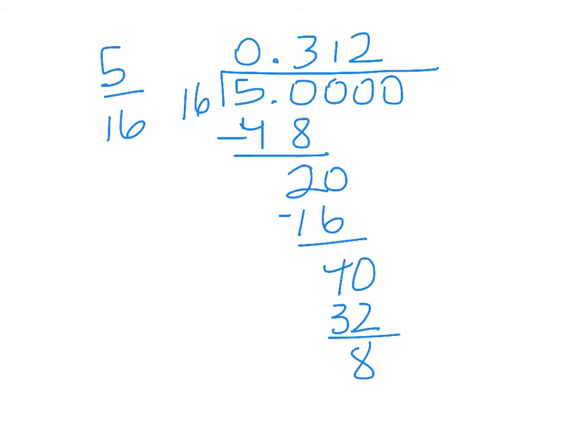Lucky us. In fact, it goes in evenly. So that means we're even going to get to be done after this move. 5 times 6, oops, lost my 0, is 30, carry the 3, 80, so no remainder. So that's it, it's terminating.